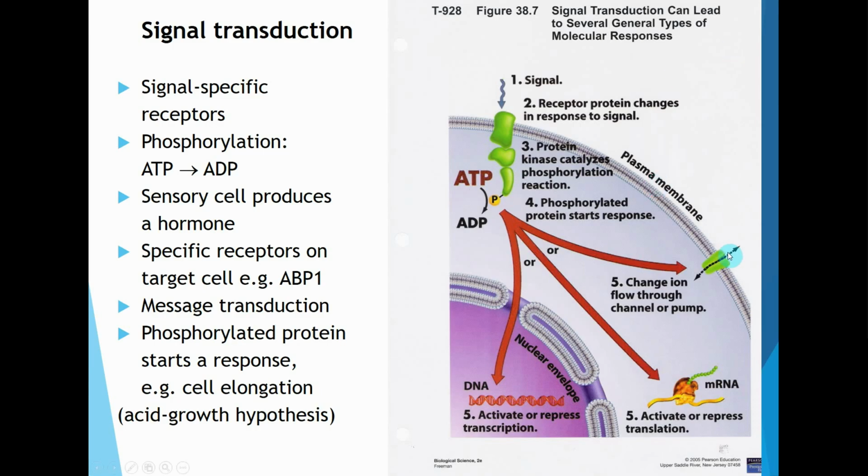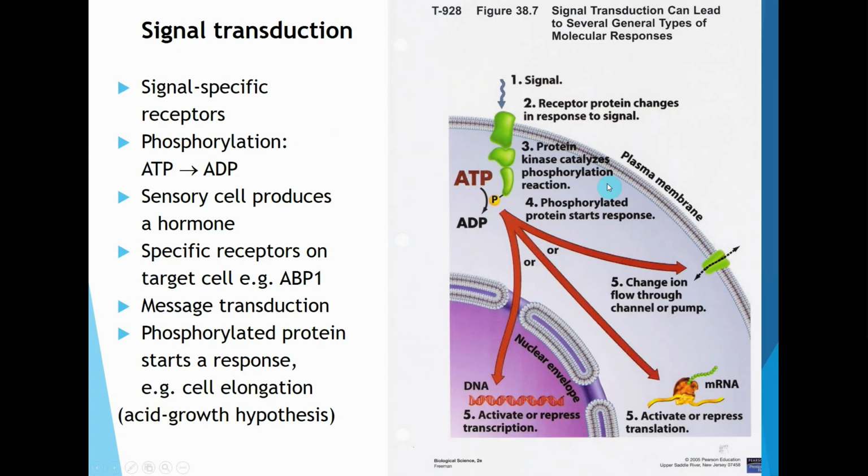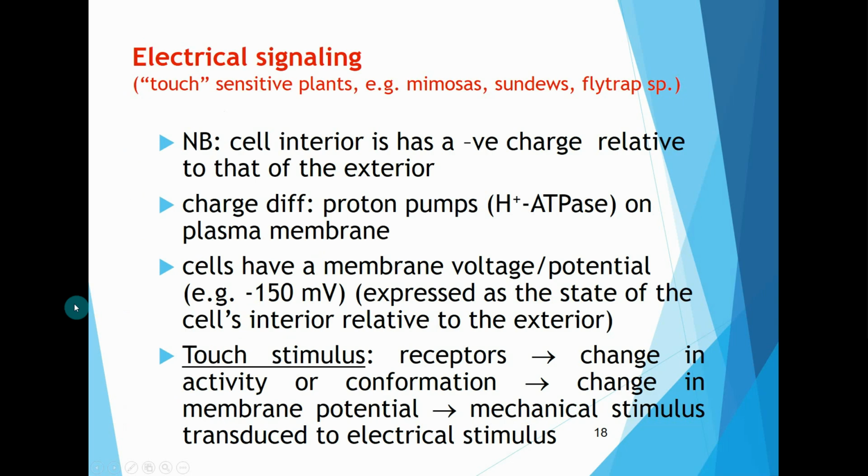So the plasma membrane up at the top here is negatively charged. And we have ATP, we have H positive ions in here. So this is negative. This is generally positive almost.